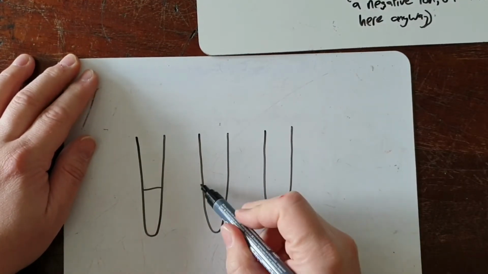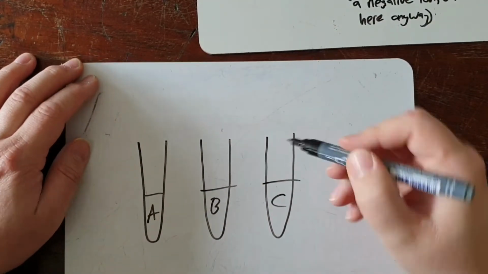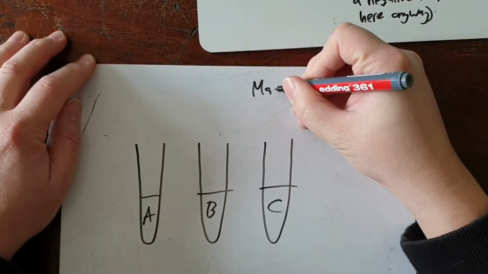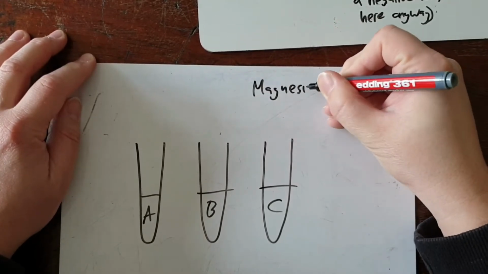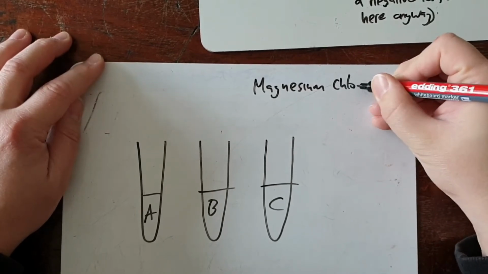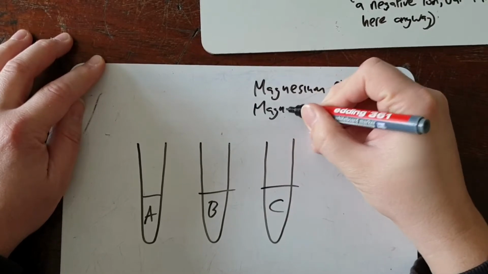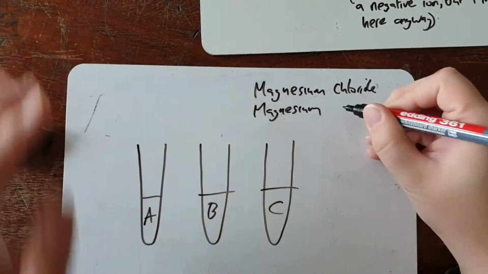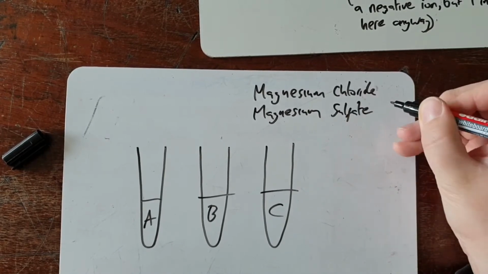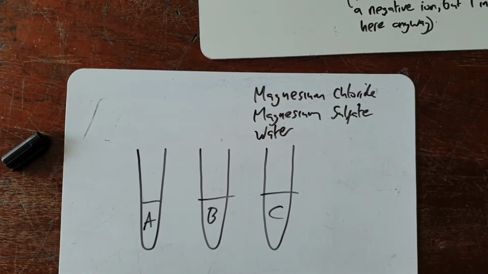We've got test tube A, test tube B, test tube C, and let's make it easy so we know. One of them is magnesium chloride, one of them is magnesium sulfate, and one of them is water. And we need to identify those.